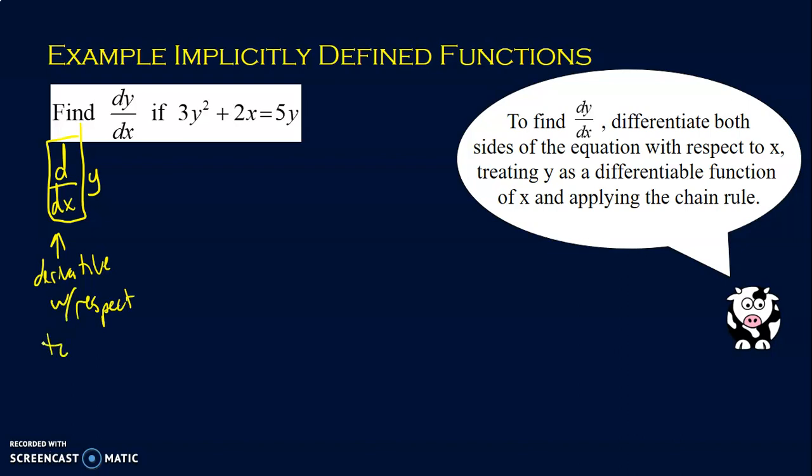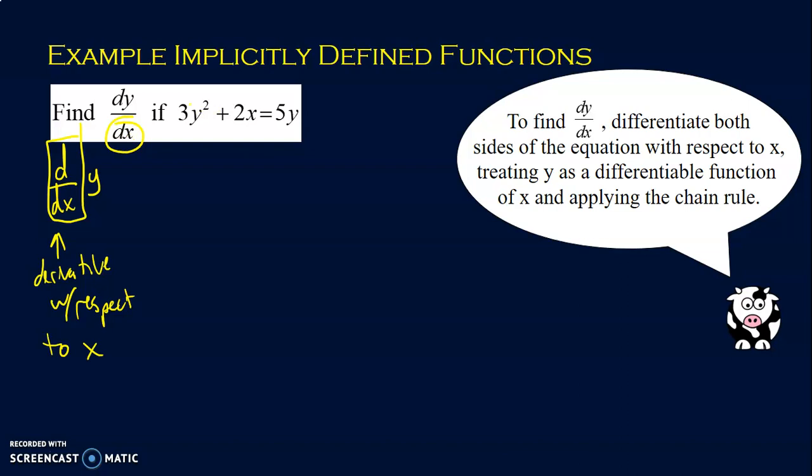Sorry, to x. So we're taking the derivative with respect to x of y. It's really important to look at whatever is on the bottom. So in this case, we're taking the derivative with respect to x. On a lot of the word problems, you're going to look at the units and see seconds or minutes or hours on the bottom. And that's how you're going to know you're going to take the derivative with respect to time.